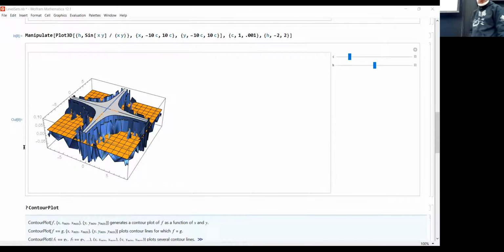Now the other function is just h. How does that depend on x and y? It doesn't. So what is the plot of h going to look like? If it doesn't depend on x and y, what shape will it be?